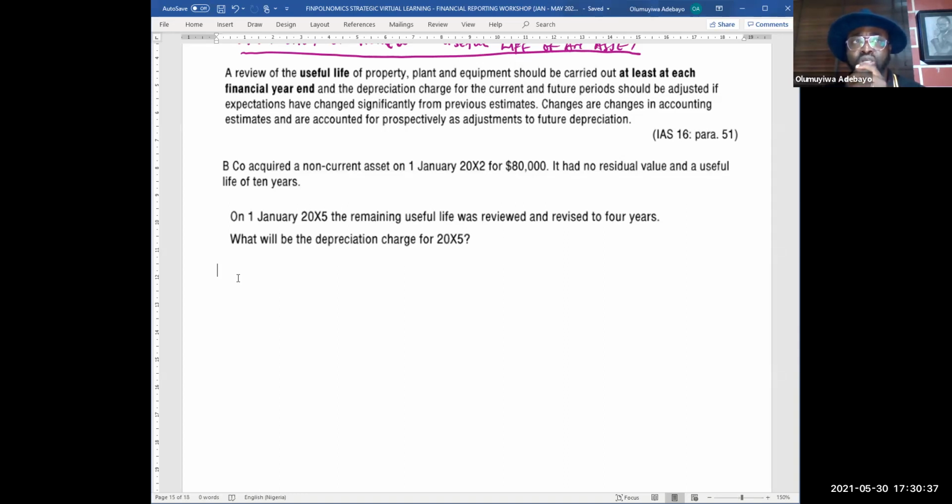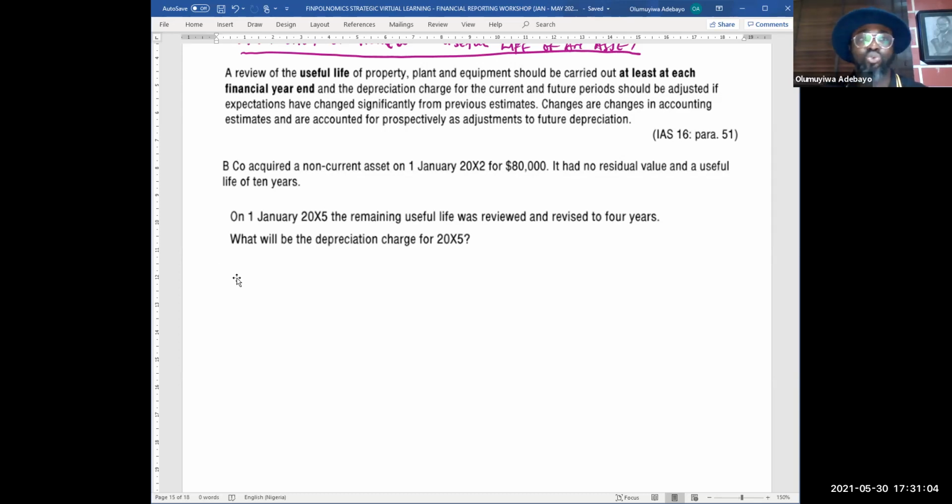Okay, but on 1st of January, the remaining life was revisited and revised to 4 years, which means the life of the asset has been cut short from 7 years to 4 years. So the balance, which is the difference between 80,000 and 24,000, the net book value of 56,000, will now be depreciated only over 4 years rather than 7 years.